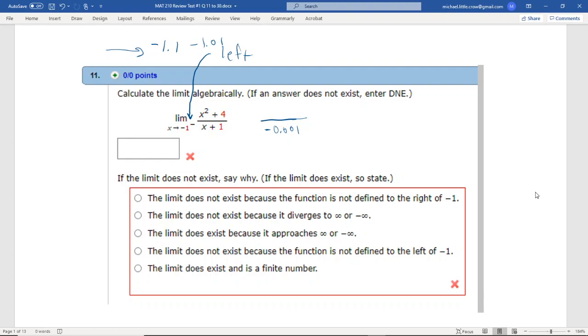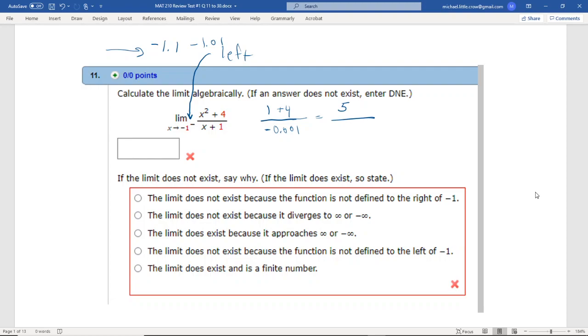So what's happening at the top then? Okay, so you put in -1.1, 1 point whatever, you square it, it's going to be positive 1 point something. You're going to add 4 to it, so it's going to be 5 point something, close to 5.0001 if you want.